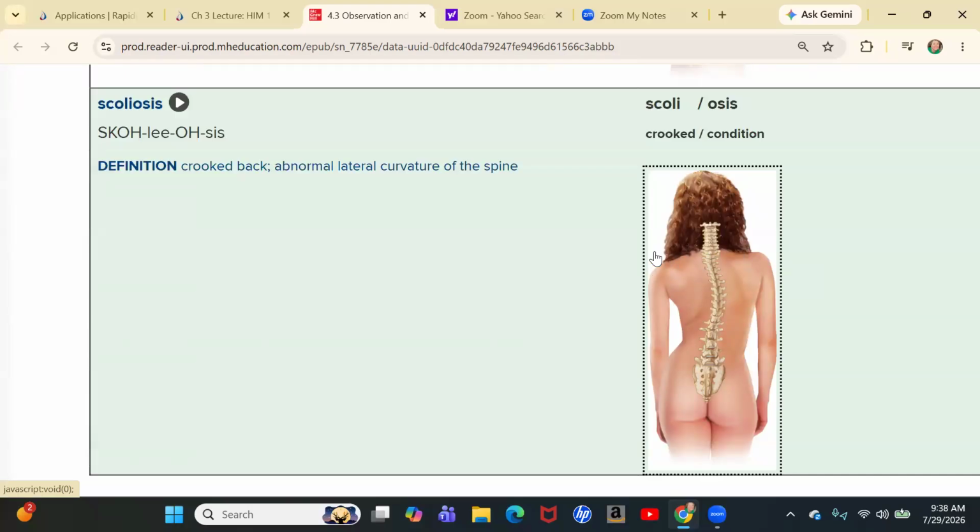Okay, see how here the patient's left shoulder is lower than the right, and the left hip is higher than the right. That's due to this abnormal curvature here.